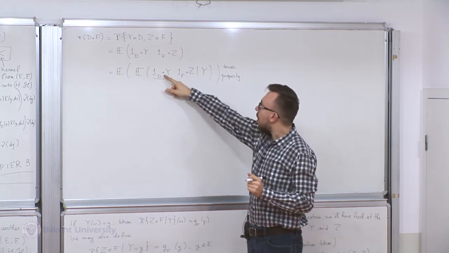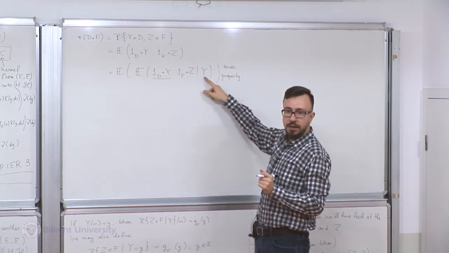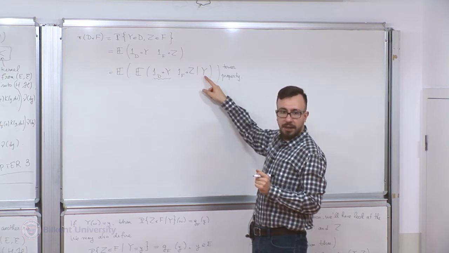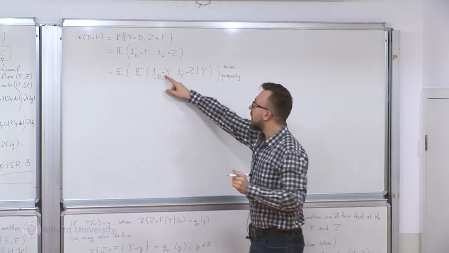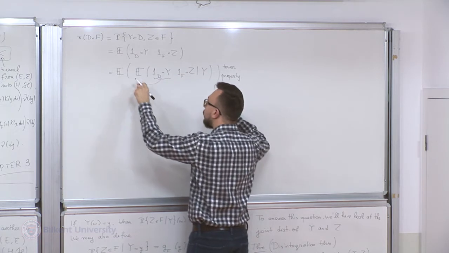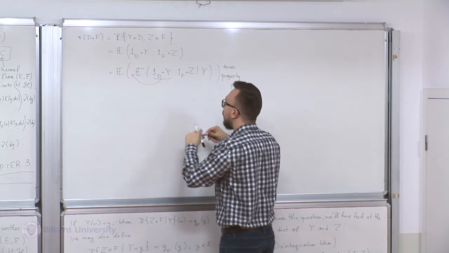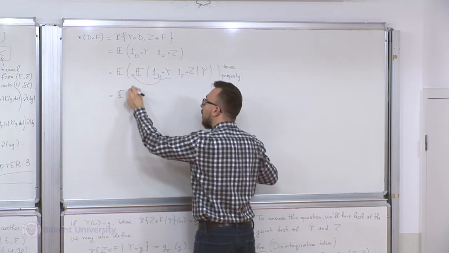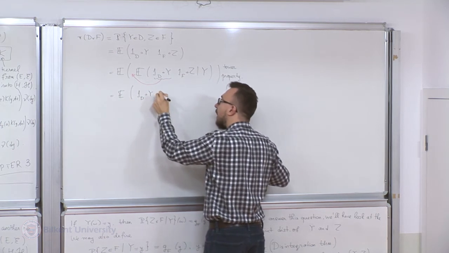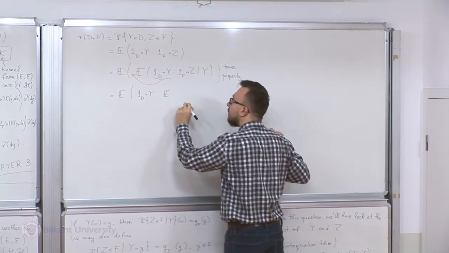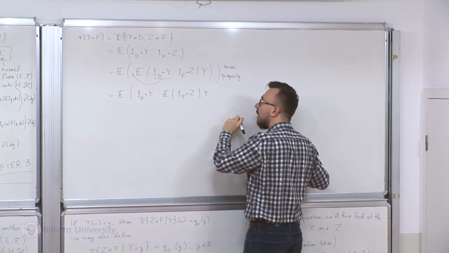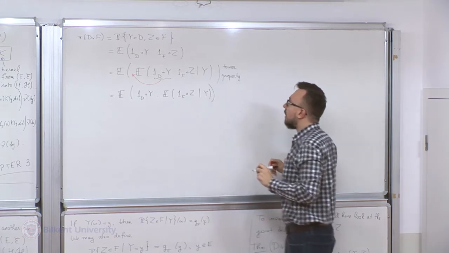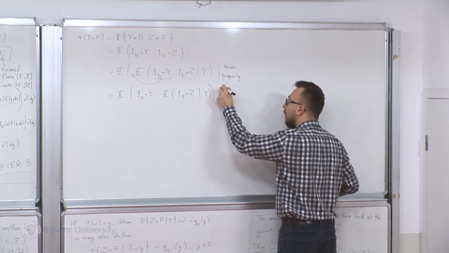This is known with respect to the information given here, right? Therefore, how can I treat this? As a constant, exactly. So I can take it outside the conditional expectation: indicator D at y times the expectation of indicator F at z given y. Taking out what is known.